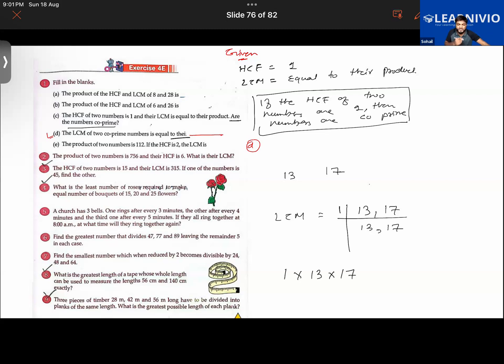It is not going to change your final answer. So the LCM of two co-prime numbers will be equal to their product, 13 multiplied by 17, isn't it? So can't we just say that the LCM of two co-prime numbers is equal to their product?